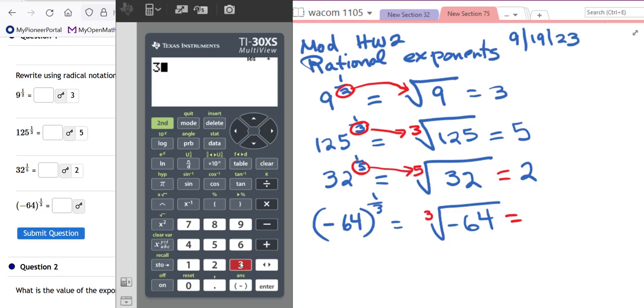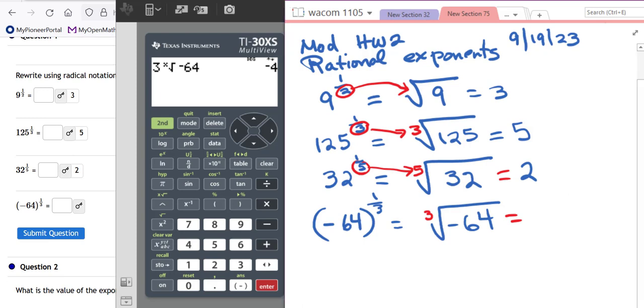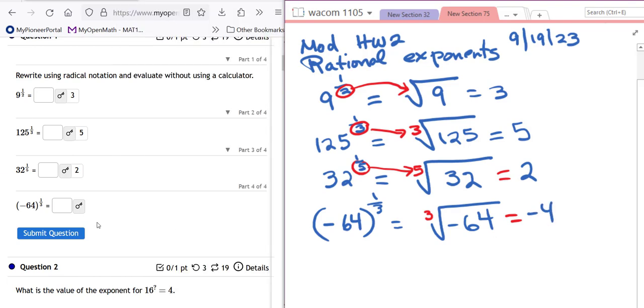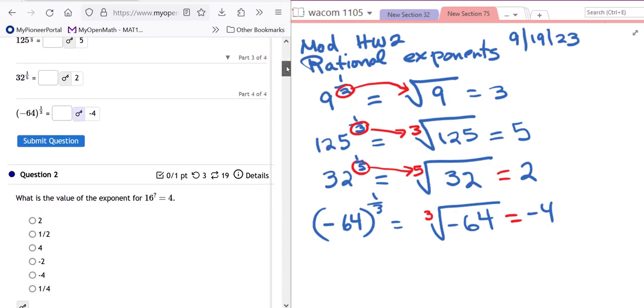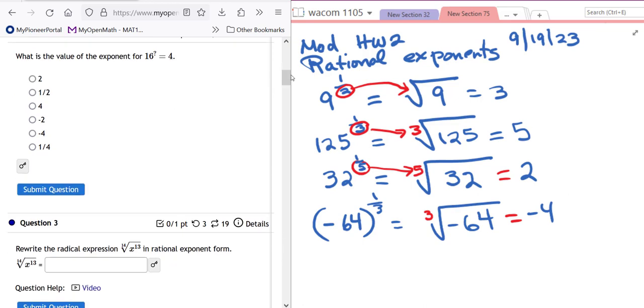So we're doing a cube root, so 3, second, any root. You're already under the radical, so it's okay just to put negative 64. It is under there. And the answer is negative 4. All right. So that's question 1.